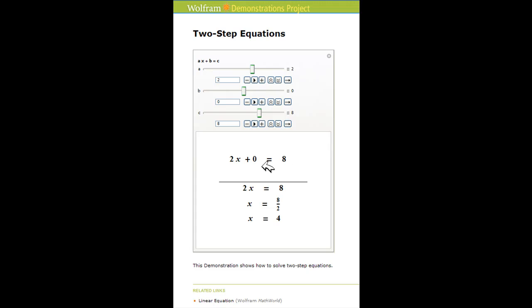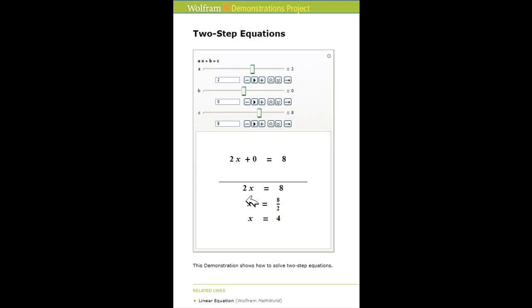So 2x equals 8. Well, this is the multiplication property of equality. To undo the number in front of the x, the coefficient, you want it to be 1x. So I'm going to multiply by 1/2 to get rid of that 2. Or you could just say I'm going to divide by 2.